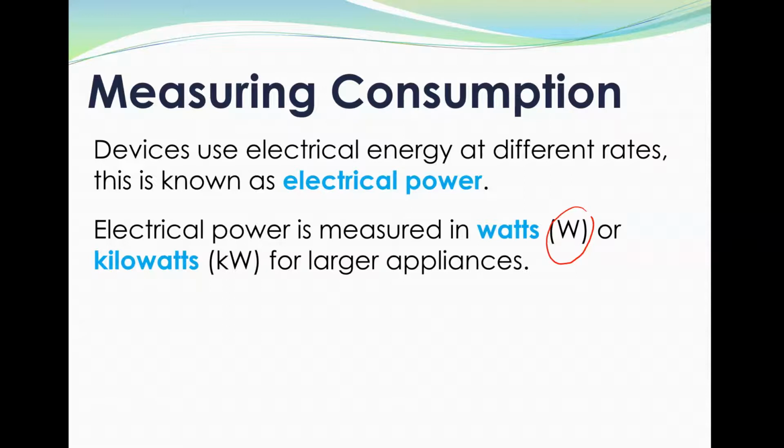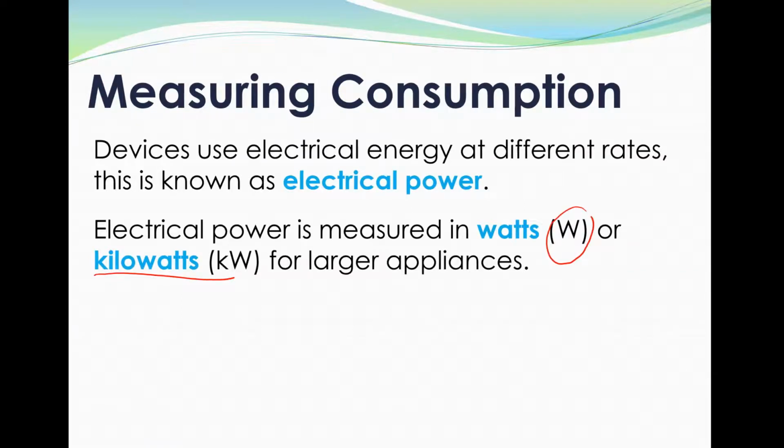And we talk about kilowatts a lot of the time when we're trying to figure out the cost of electricity. 1 kilowatt is the unit of power that represents 1,000 watts. So a kilowatt hour is the amount of energy transmitted by 1,000 watts of power over a period of 1 hour. Okay.